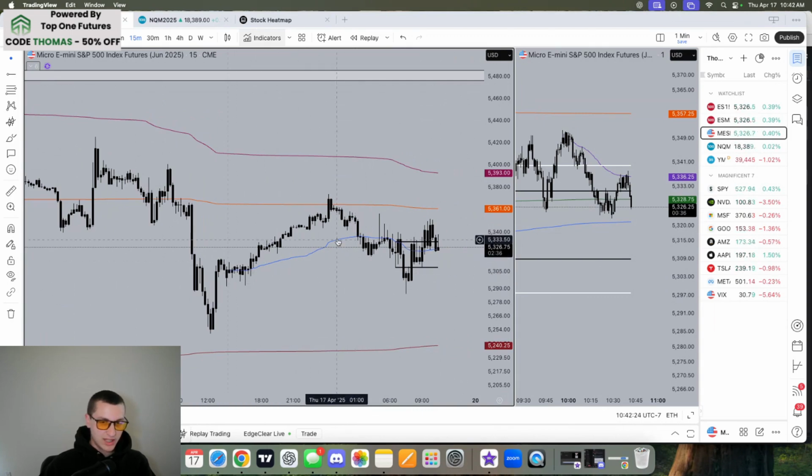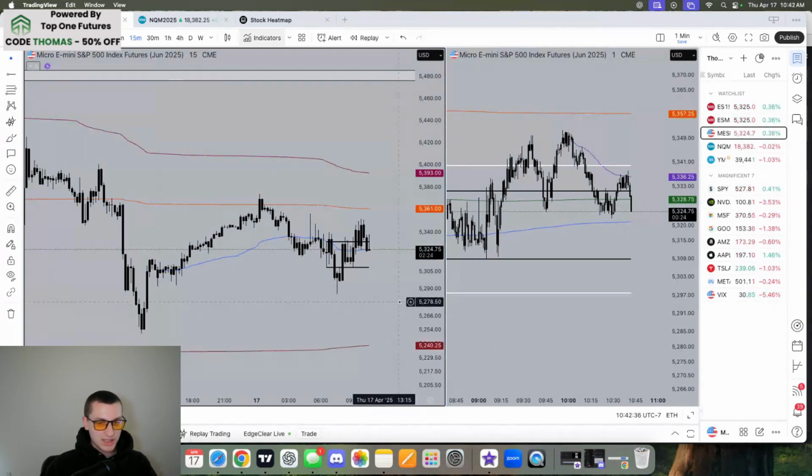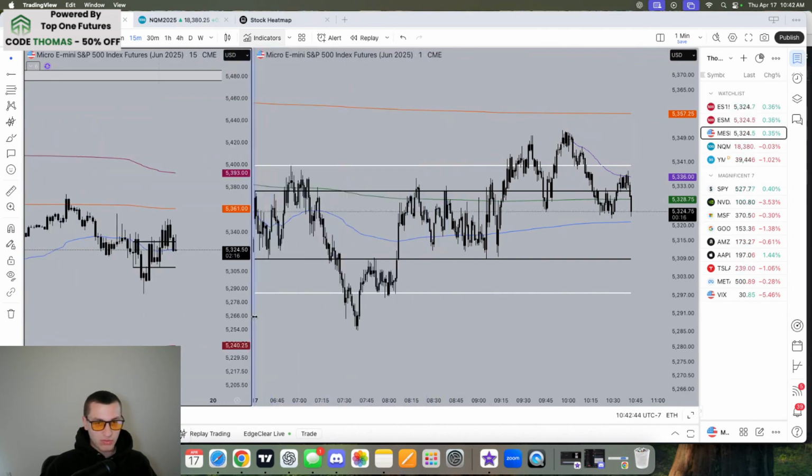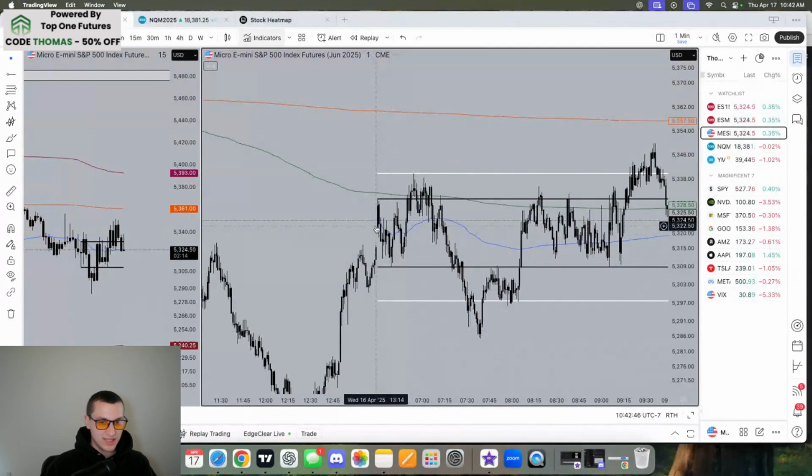This blue line is the electronic daily VWAP. Right here on TradingView, there is electronic trading hours and regular trading hours. I set up my charts with the 15-minute electronic trading hours on the left and the 1-minute regular trading hours on the right. What the regular trading hours shows you is the gap.